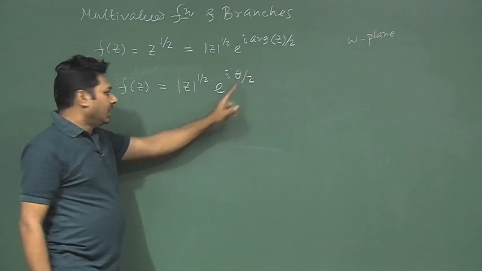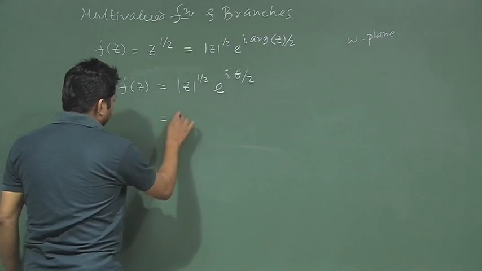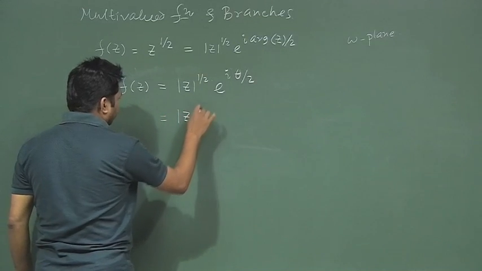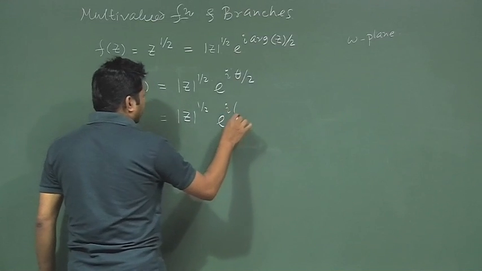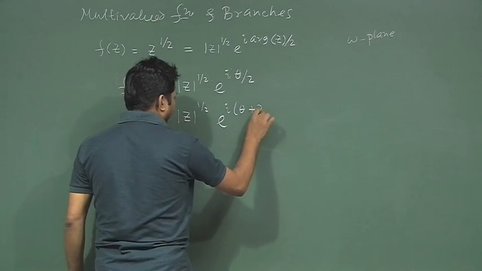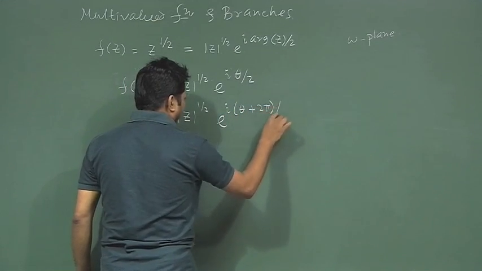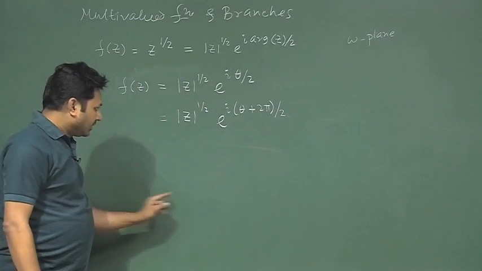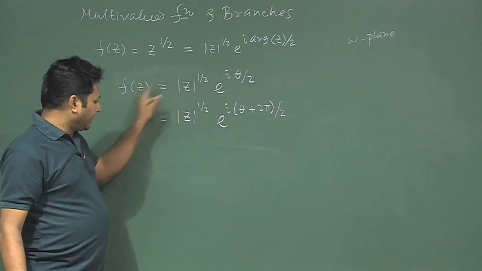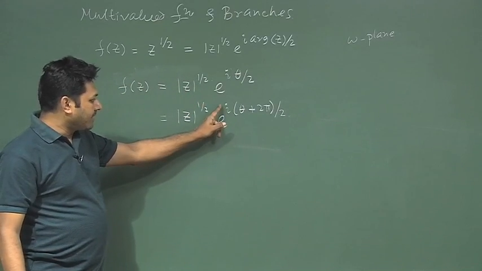Now, the same z point can be represented differently, because if I rotate another 2 pi, I will return back to the same point.